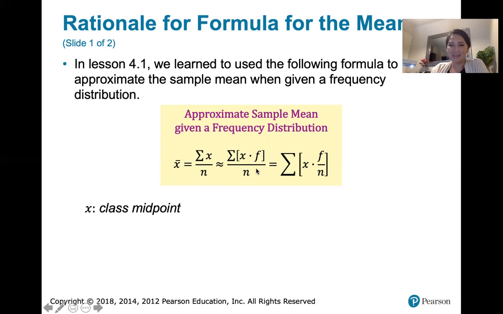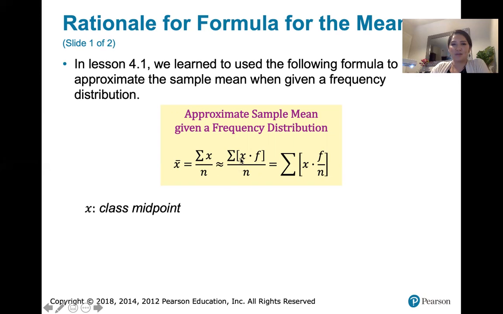Well, this n, the sample size, is a constant. So if you wanted, you could pull that inside the summation. Now, some students are like, I don't know. Well, just think about it. If you have this whole thing and you're dividing it by 100 at the end, and it's a sum with a whole bunch of terms, couldn't you divide each one of them by 100? Hopefully you remember from algebra that if you're dividing by a monomial, that's legal.